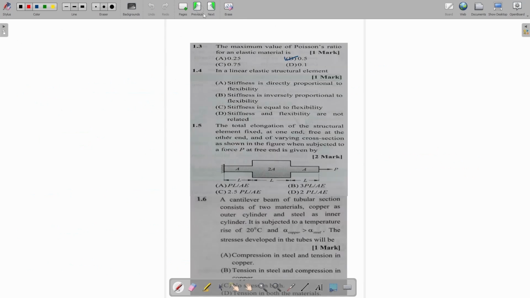Therefore, the option is this one. Stiffness is inversely proportional to flexibility.